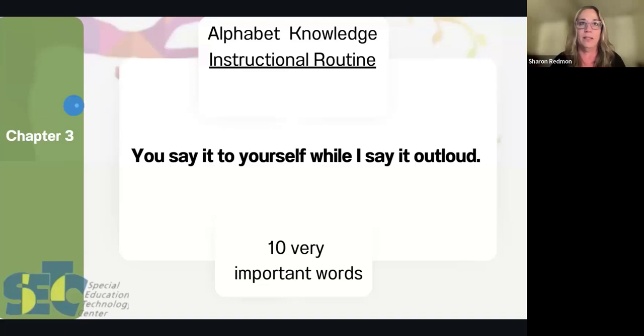Well, and I read a book called Chatter, and it talks about the importance of self-talk. We all have self-talk. Our students who don't speak still have self-talk. And sometimes our self-talk is really good, and sometimes it's really pretty mean to ourselves.